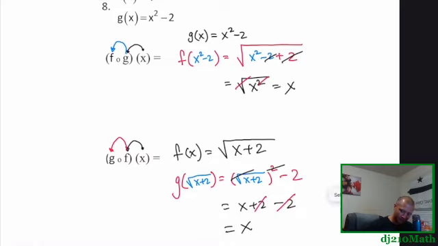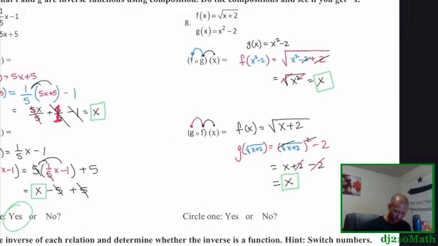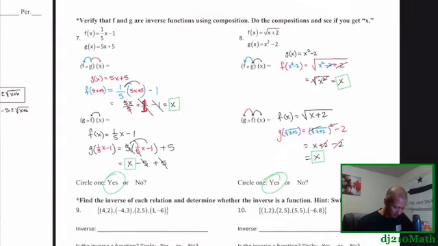Which means I got x to come out of this composition and x to come out of that composition. Therefore, they are inverses. Had I got something other than x, then it would have been a no. You won't have to calculate both of them. The moment you know that it's not x, they're not inverses.